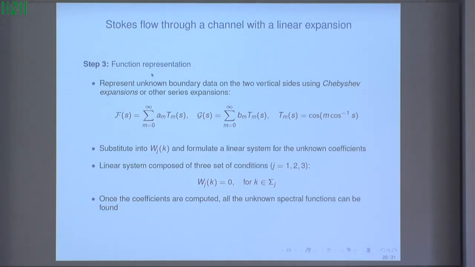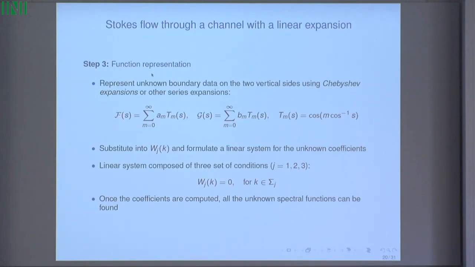People who have worked on the Fokas method have used different choices of basis expansions, but here our emphasis is to show you the method. We found that using Chebyshev expansions gave us good accuracy.